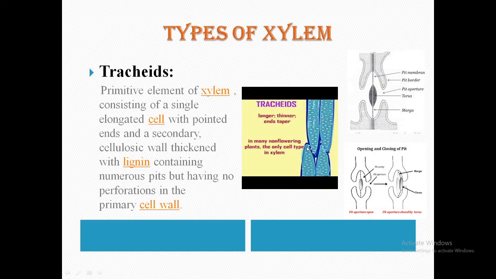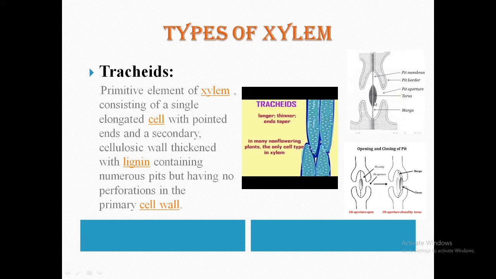So what is a bordered pit? Pits are characteristic depressions on the cell wall of the plant cell. They act as channels for the transport of water and minerals through the adjacent cells.